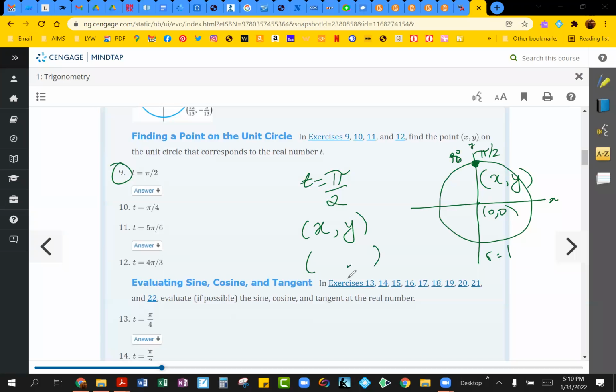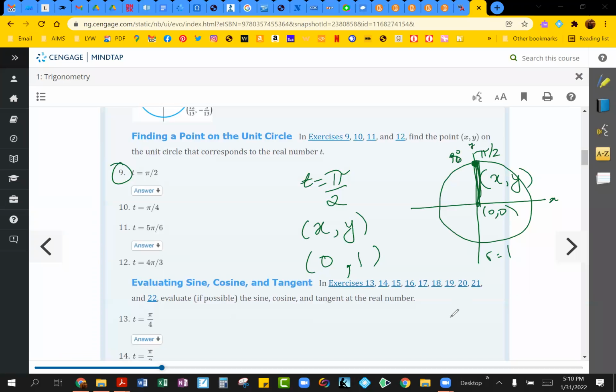So what will the ordered pair look like? 0, 1. Yes, because the X value on the Y axis is always going to be 0.